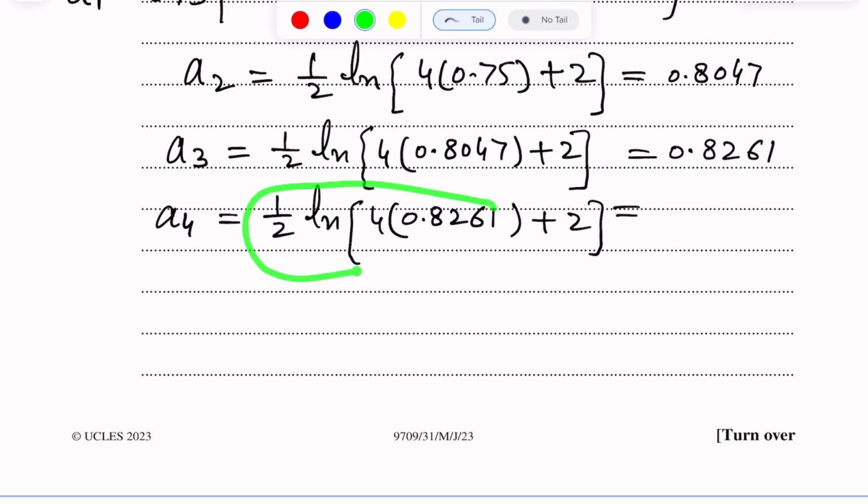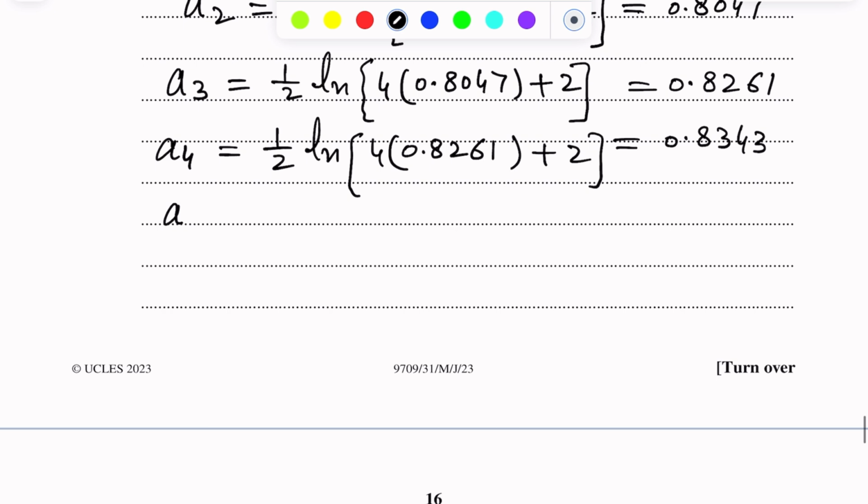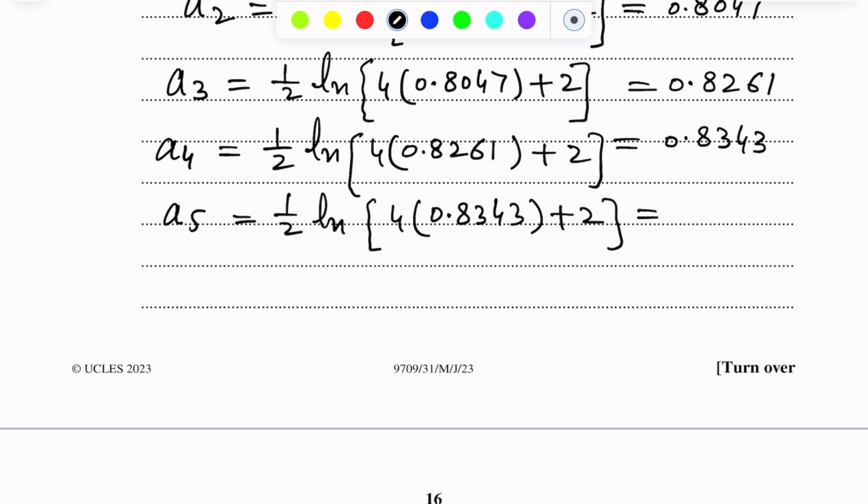After calculating this, we get 0.8343. Now A5 is 1 over 2 log(4 into A4, which is 0.8343, plus 2). After calculating, we get 0.8374.